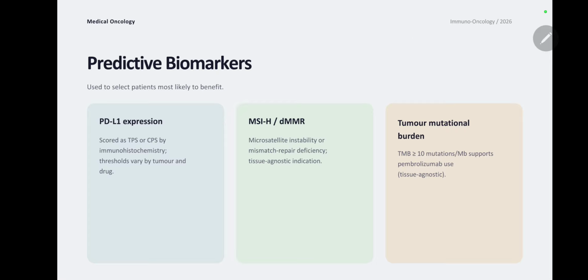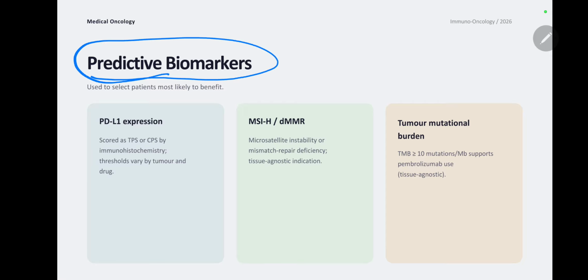So if you are using any targeted therapy or any immune therapy, first we need to know what the indications are, how it works, and which receptor you are targeting to suggest whether it will work or not. So we use predictive biomarkers. What is a biomarker?